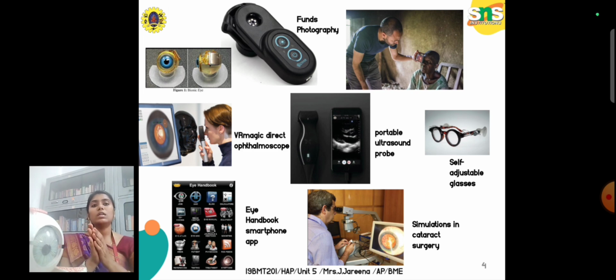Here I have listed a few technologies which are already prevailing in this era, and the existing devices I have also mentioned here. These are the solutions we have already brought out to address the eye-related problems we discussed.